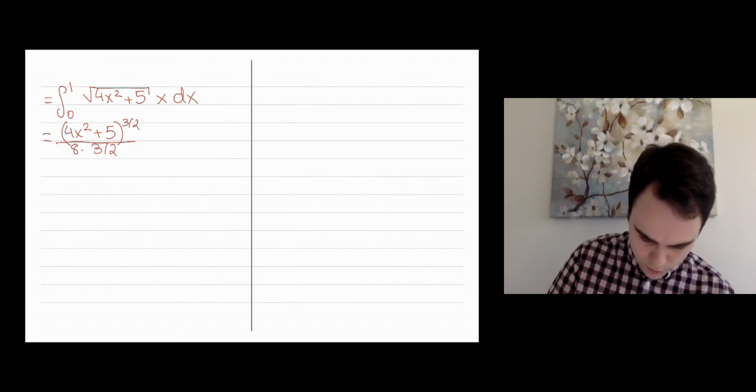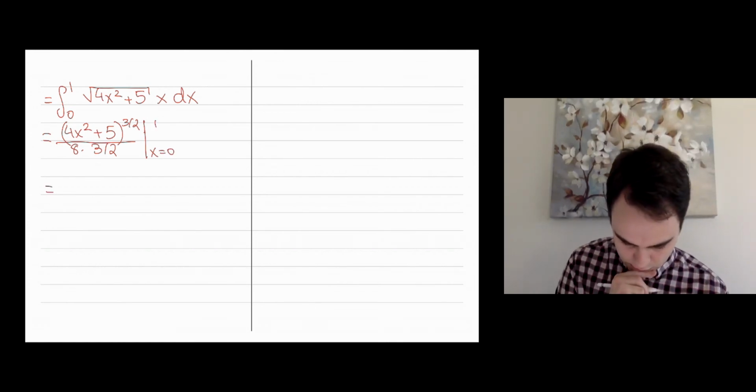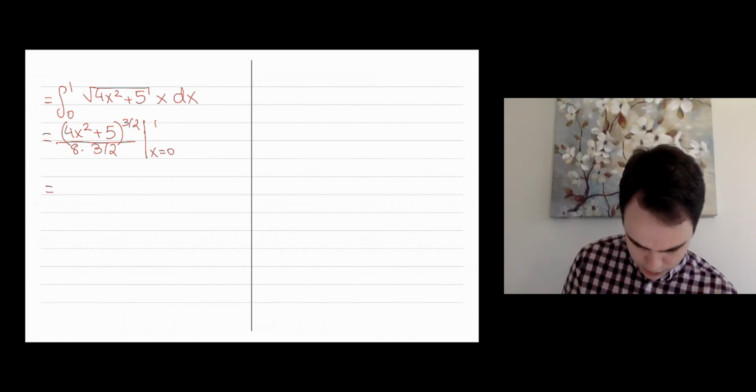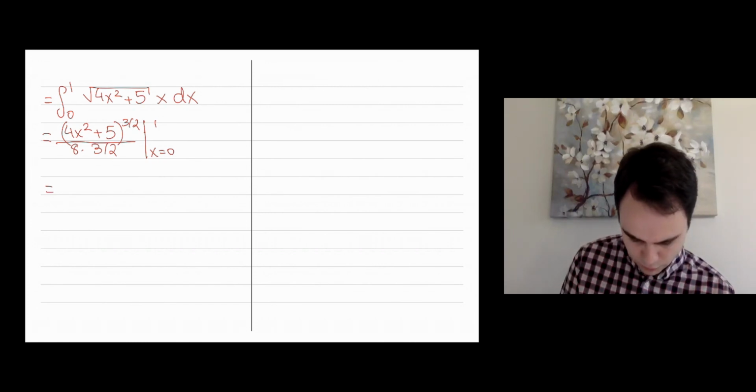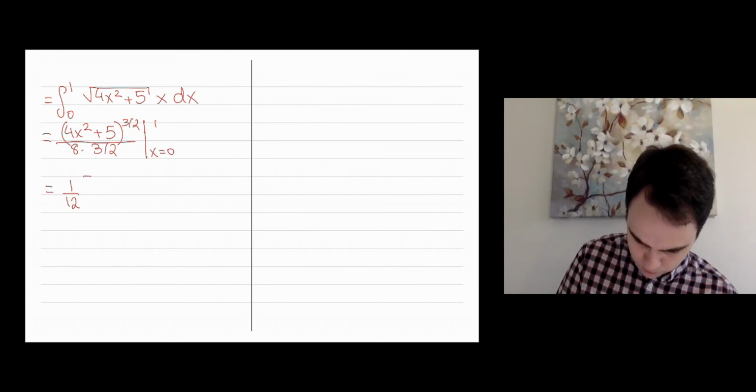Okay, now we evaluate this with x between 0 and 1. First there's this whole constant. There's 24 divided by 2, that's 1 over 12. And then a certain expression.